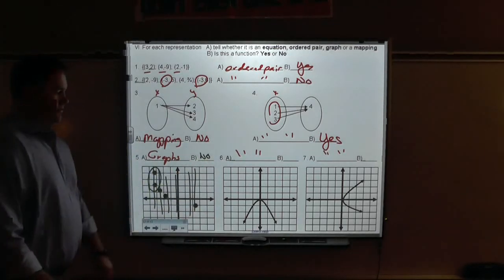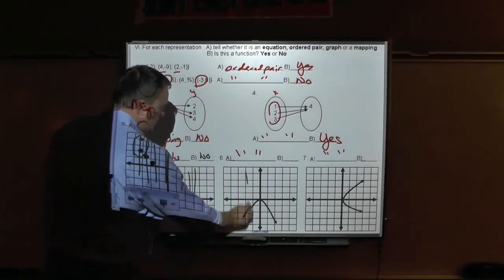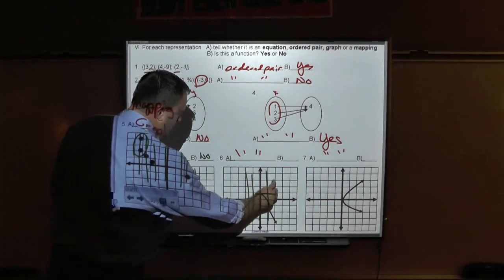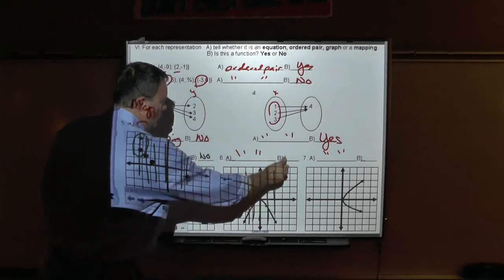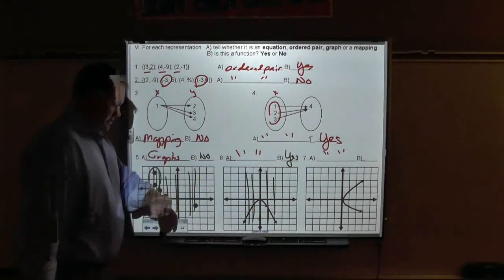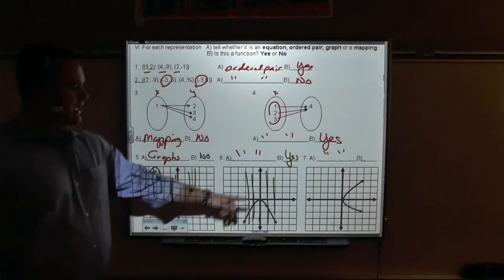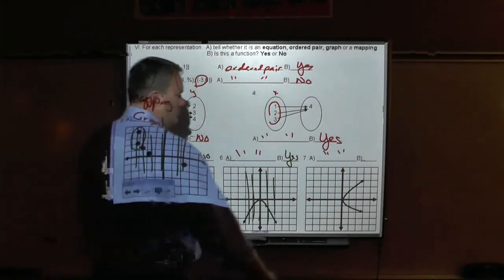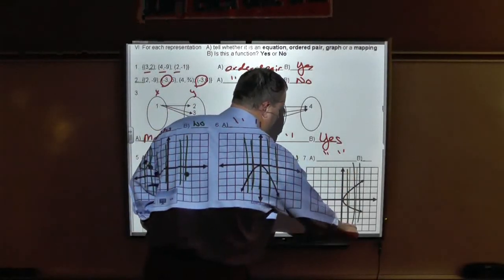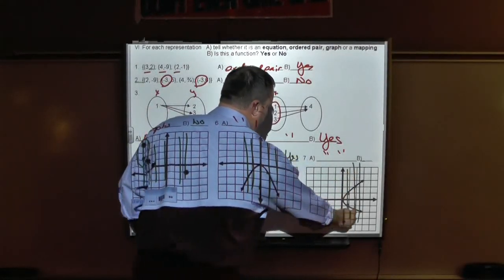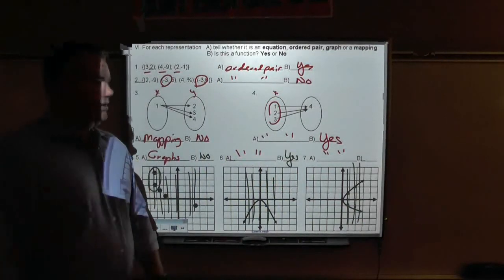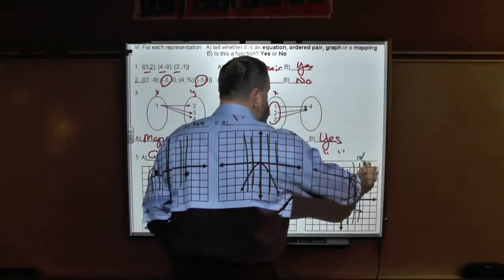It is not a function. On 6, vertical lines throughout. You only touch it 1 time. So that is a function. Then lastly, number 7, vertical lines. Again, hopefully you notice right away. You touch that more than once. These are not functions.